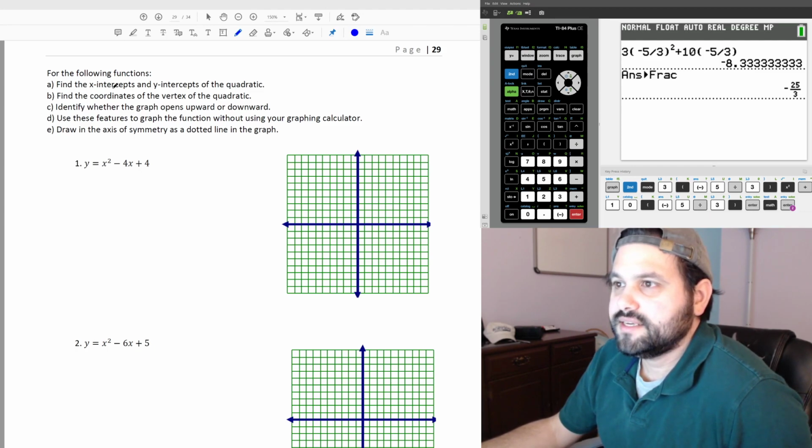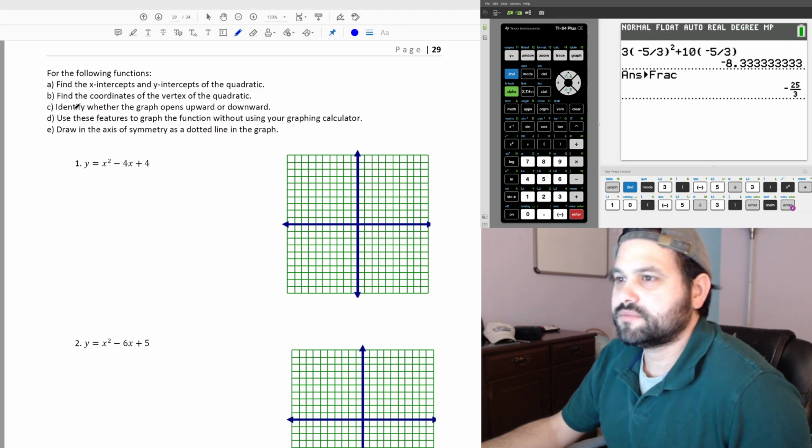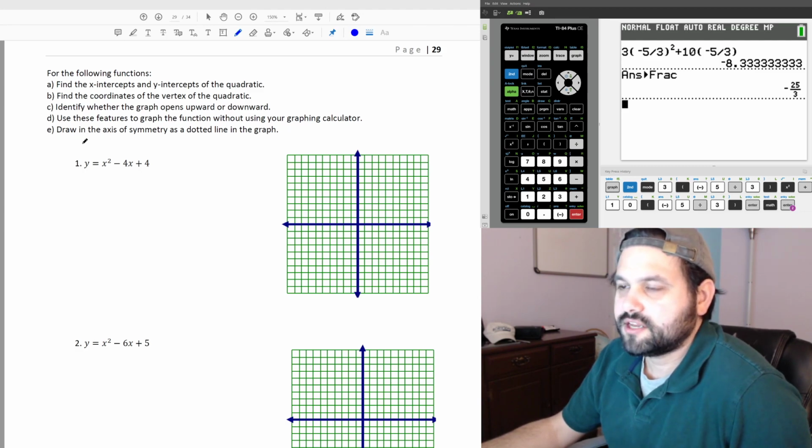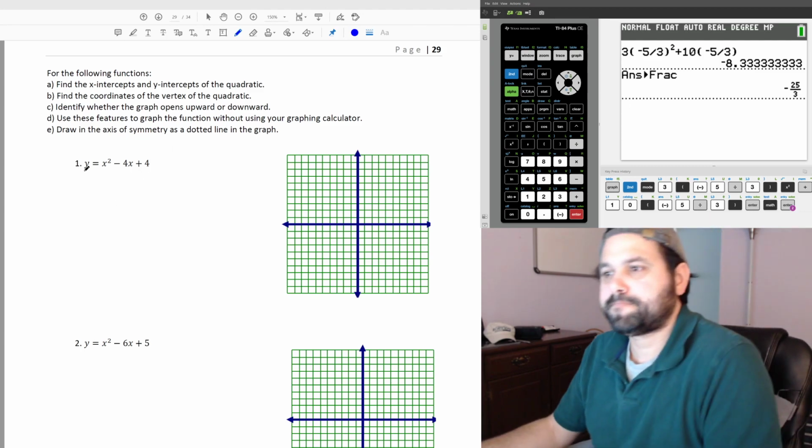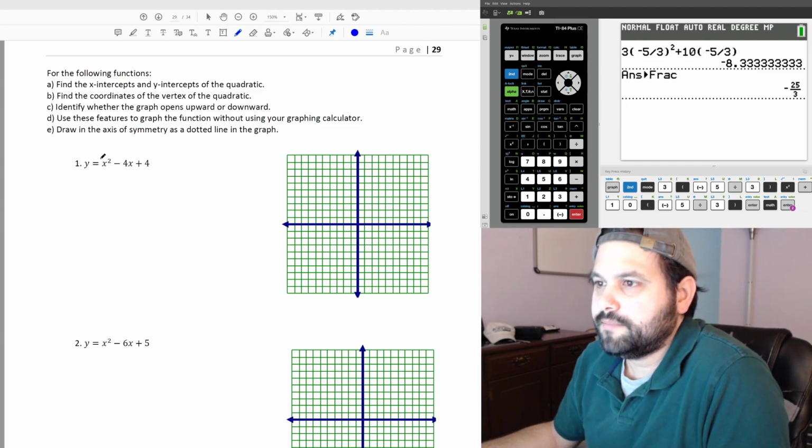So I'm going to find the x-intercepts and y-intercepts of the quadratic. I'm going to find the coordinates of the vertex. I'm going to identify whether it opens up or down. And then I'm going to graph the function without the calculator based on what I found out and draw the axis of symmetry. Okay. So let's start with a little list here.